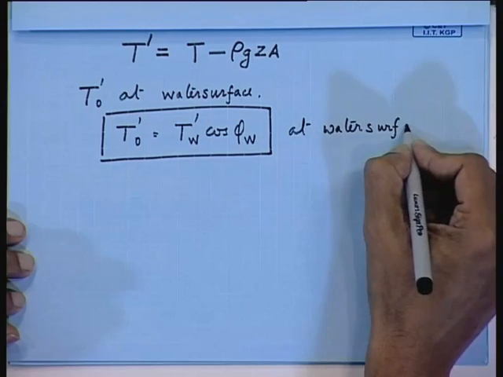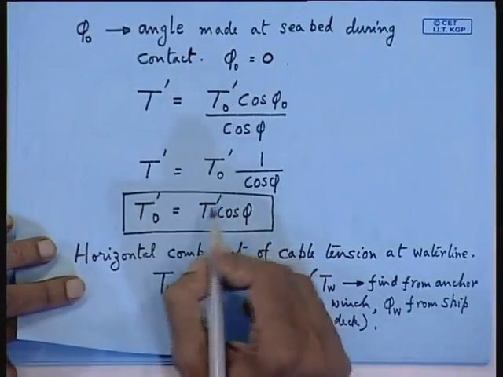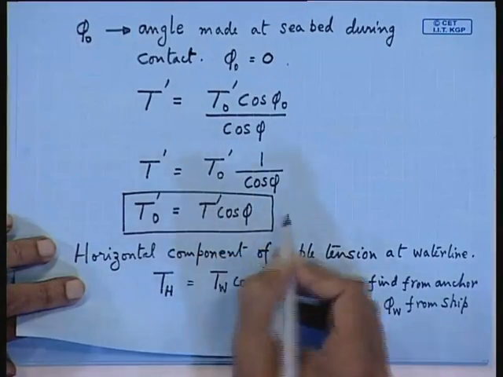You simply put T prime W out here and cos phi W, that is all.